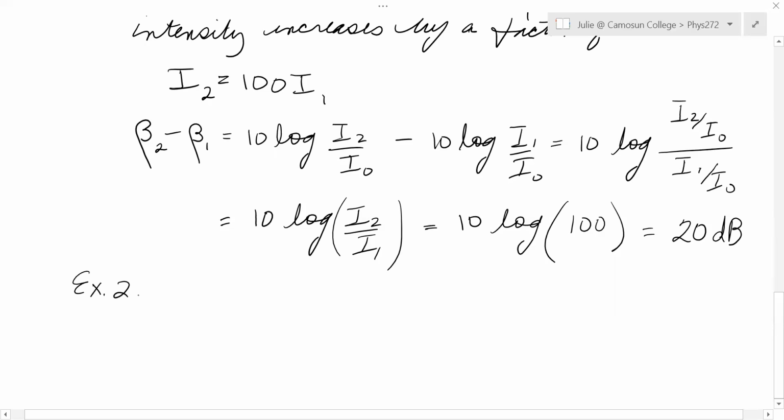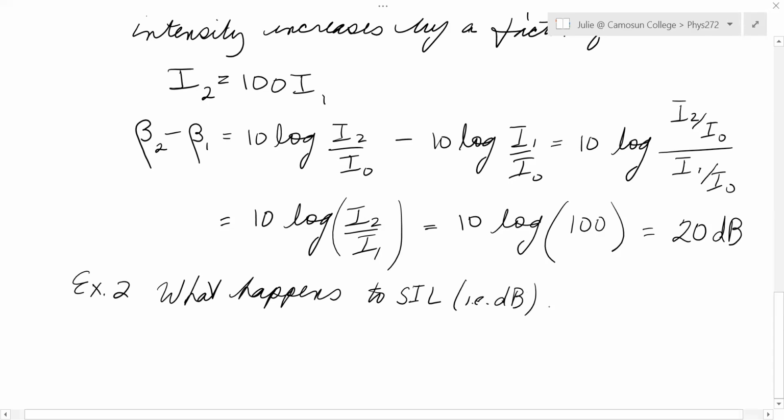Example 2 is: if you move 100 times further away from the sound, what happens to the decibels? Okay, so what happens to the sound intensity level, i.e. decibels, if you move 100 times further away from the source?